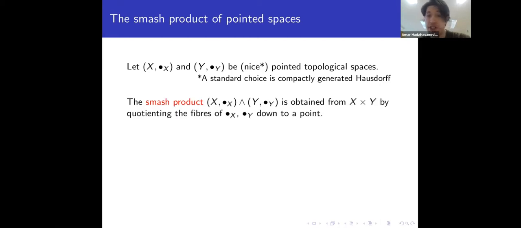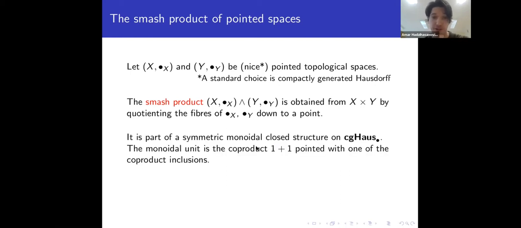Then the smash product is obtained by first taking the Cartesian product of these two spaces, and then quotienting the subspace of this Cartesian product obtained by taking the union of all the fibers of the base point of X and the base point of Y.